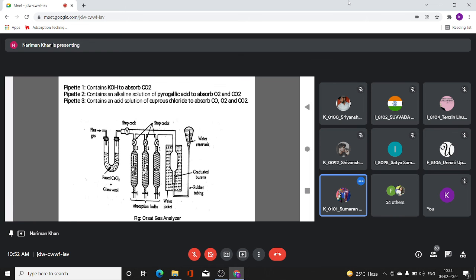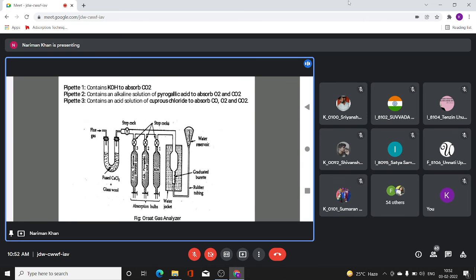Yes, ma'am. Good. Okay. Now these cold gases are allowed to pass into the second pipette, which contains pyrogallic acid. Pyrogallic acid has the property to absorb oxygen as well as carbon dioxide.